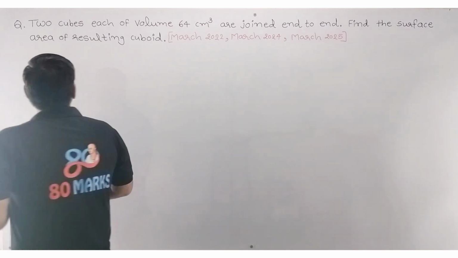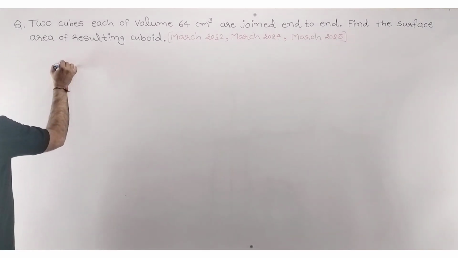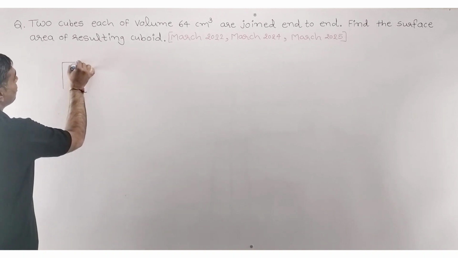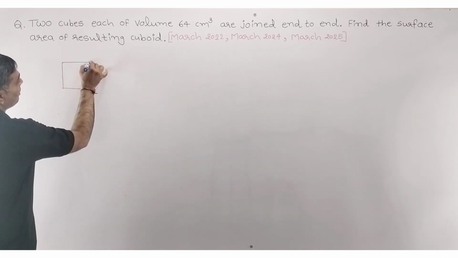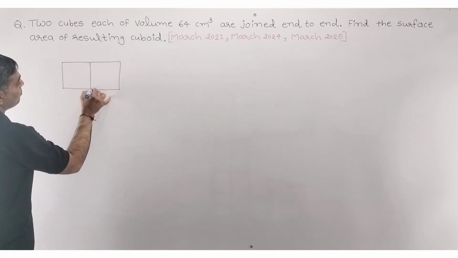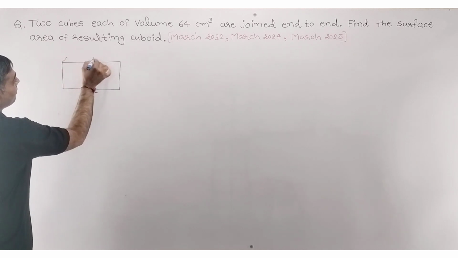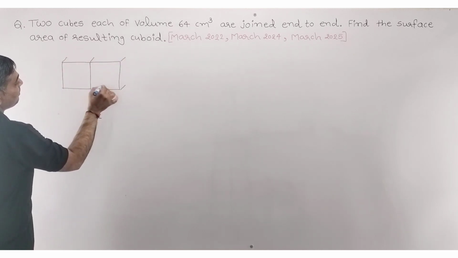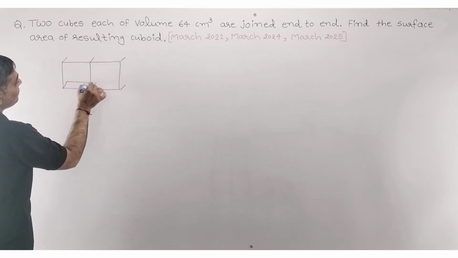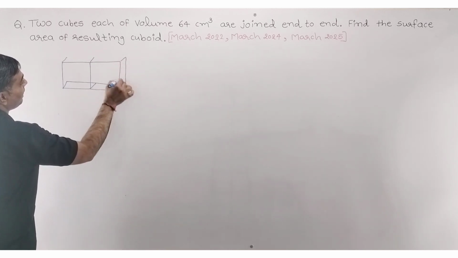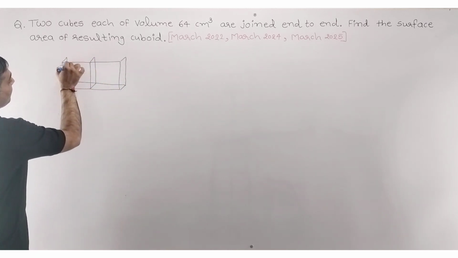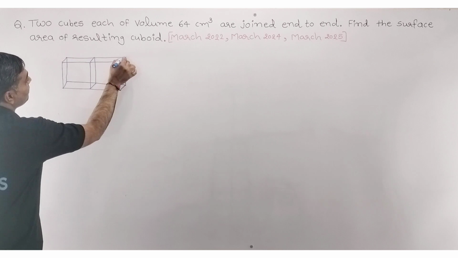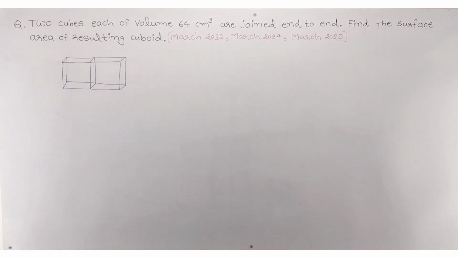The question is given: two cubes joined end to end, means the cubes like this, one cube and another cube joined end to end. Due to this, the shape created is a cuboid, and we need to find the surface area of this resulting cuboid.